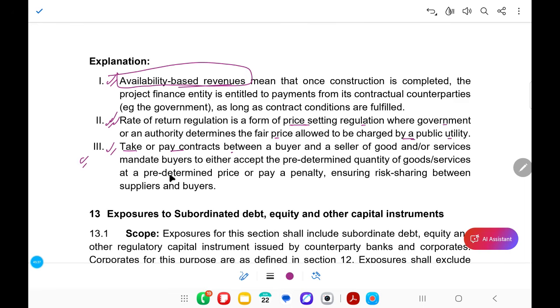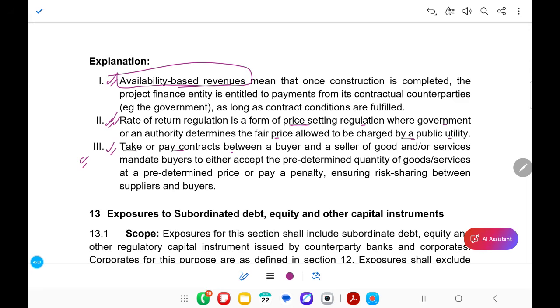And friends, a question arises here: whether there are any limits on which entities use take or pay contracts. As per this circular, there are no general restrictions on which entities can enter into take or pay contracts in the broader market, as they are simply defined as agreements between any buyer and a seller. However, in the specific context of this circular, this framework, there are strict limits on the counterparty.